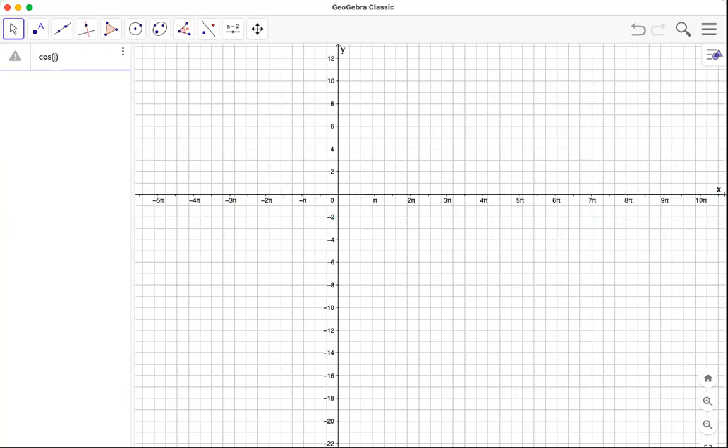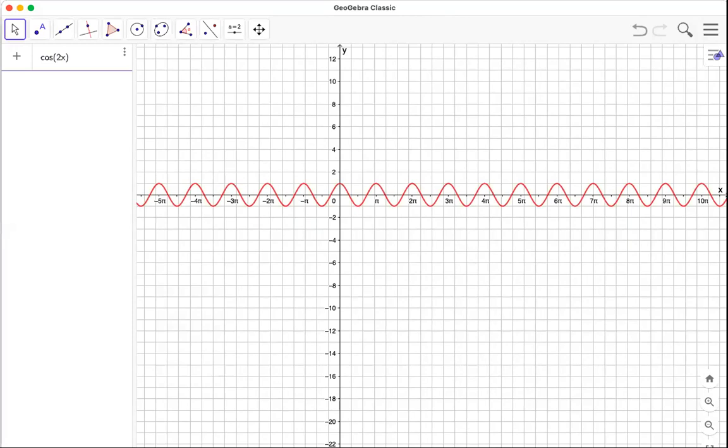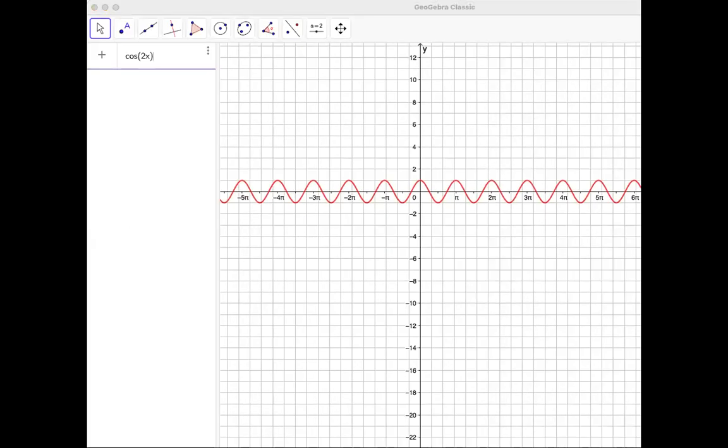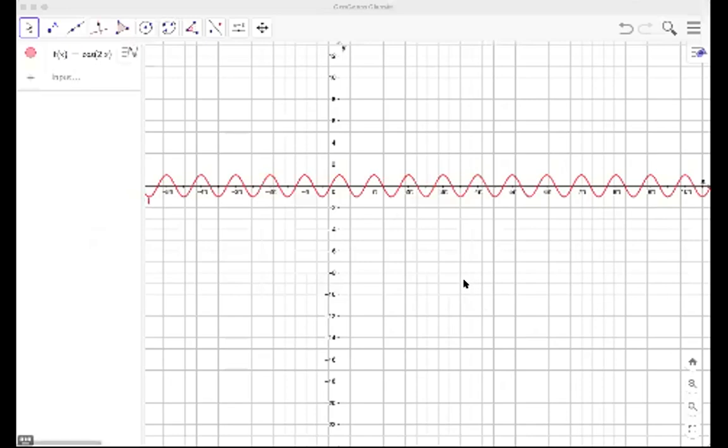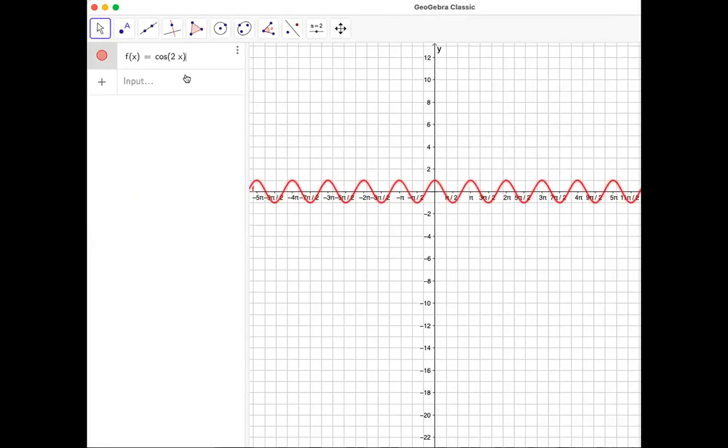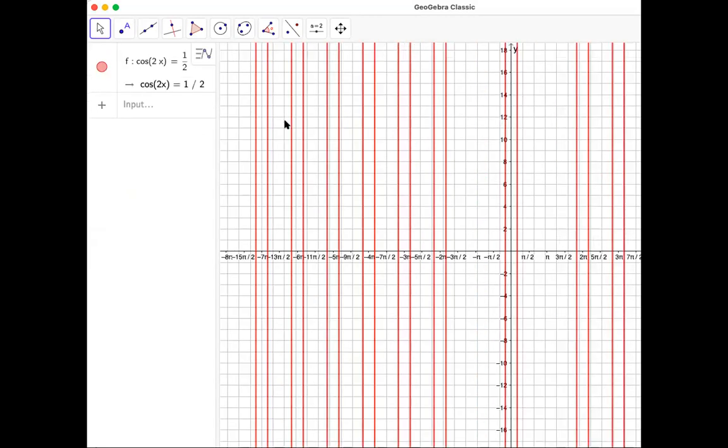So that's cosine 2x equals 1/2. Oh, sorry. Let's go back to the problem again. The problem was cosine 2 theta is equal to 1/2.